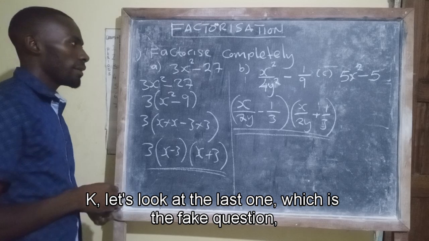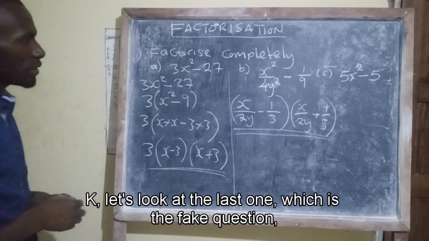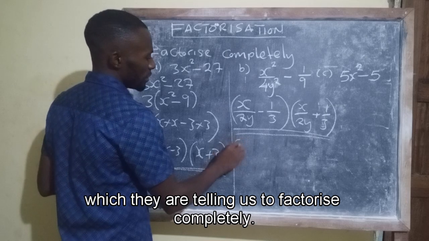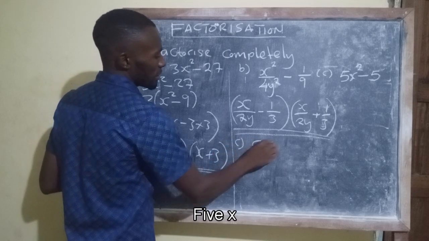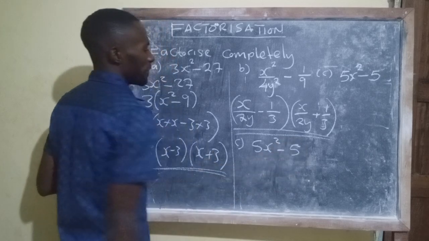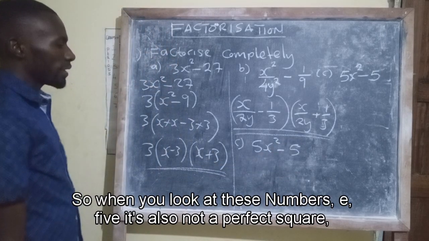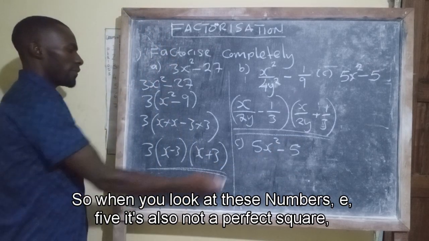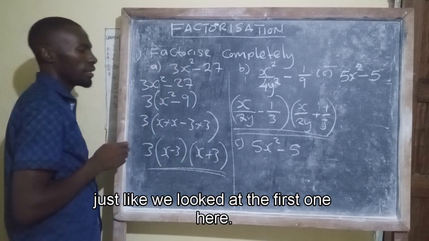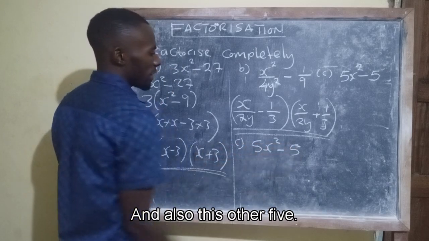Let's look at the last one, which is the third question, where they are telling us to factorize completely 5x squared minus 5. When you look at these numbers here, 5 is also not a perfect square, just like we looked at the first one, and also this other 5 here.